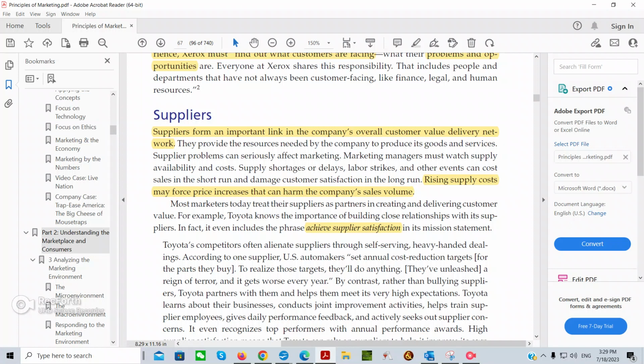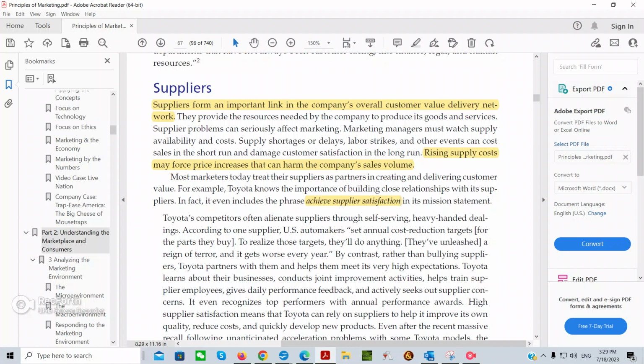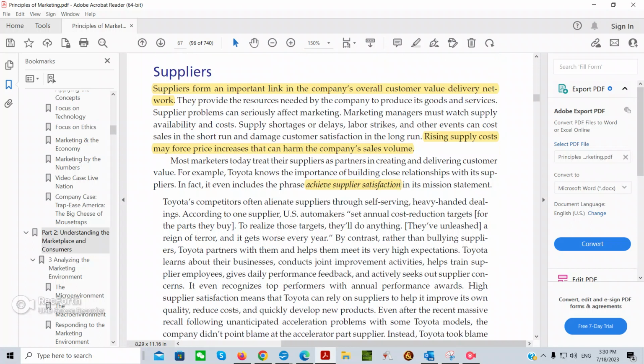By contrast, rather than bullying suppliers, Toyota partners with them and helps them meet its very high expectations. Toyota learns from their businesses, conducts joint improvement activities, helps train supplier employees, gives daily performance feedback, and actively seeks out supplier concerns. It can even recognize top performers with annual performance awards.